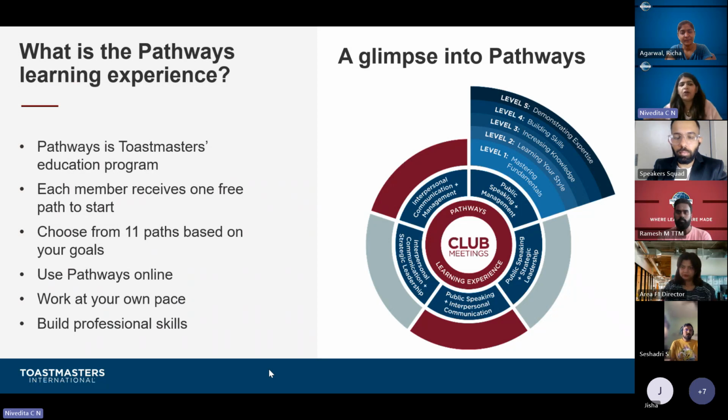And from there on, your journey begins. You will also be assigned a mentor in the club that you join, and you can reach out to any of us for any queries that you have, and you will get all the guidance that is required.